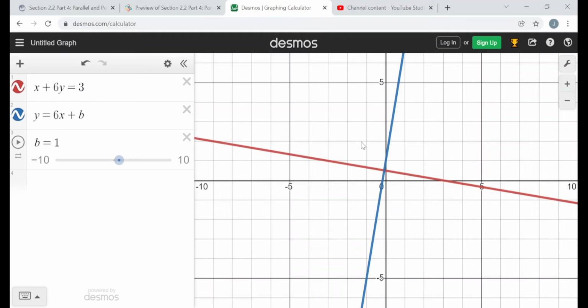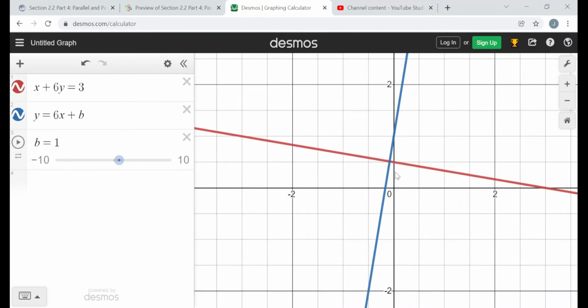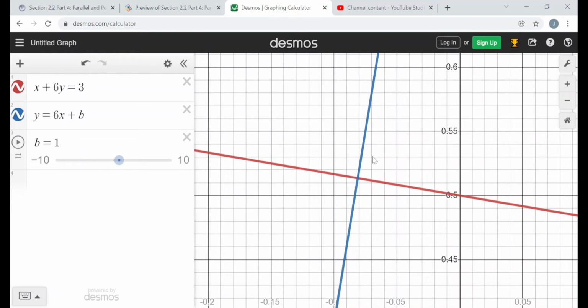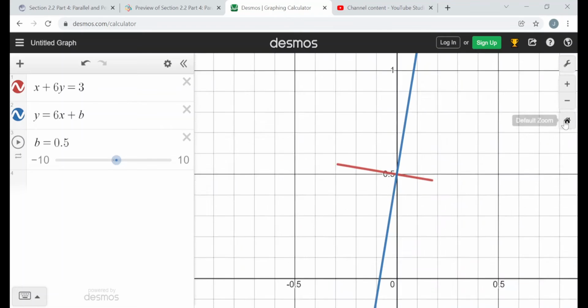And hopefully you can see, if I zoom in close enough, maybe you can tell that these meet at a 90-degree angle. And if I change b around, it's still meeting this line at a 90-degree angle. All right, let me just go back to the home.